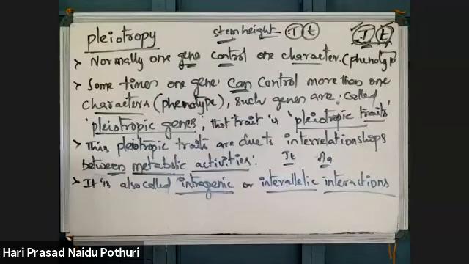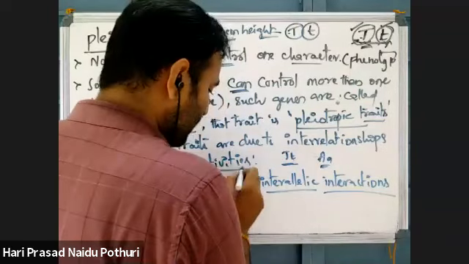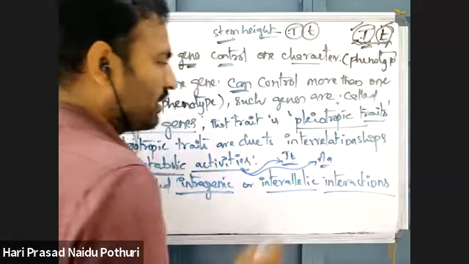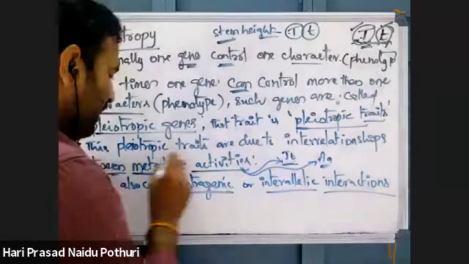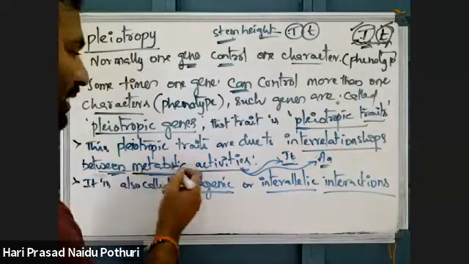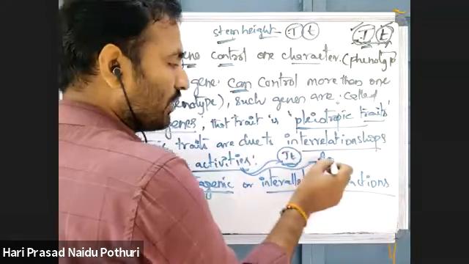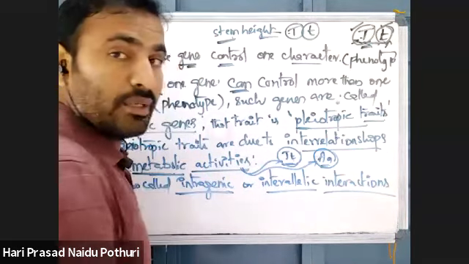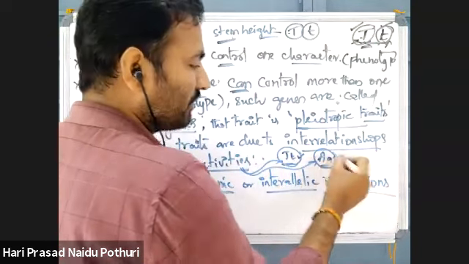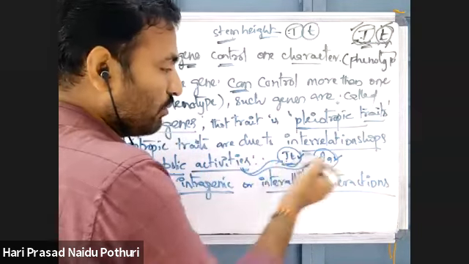Another character is there. See here, one gene is related to this metabolic activity and it is related to that metabolic activity, I told you, interrelationships between metabolic activities. This phenotype is due to one metabolic activity, this phenotype is due to another. But a single gene is controlling both metabolic activities.